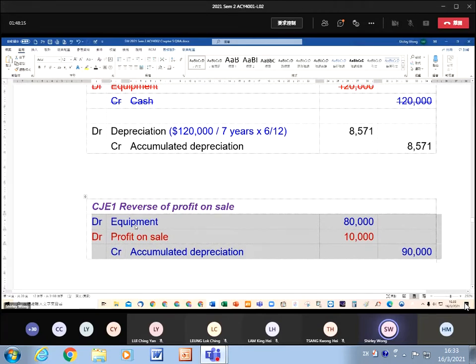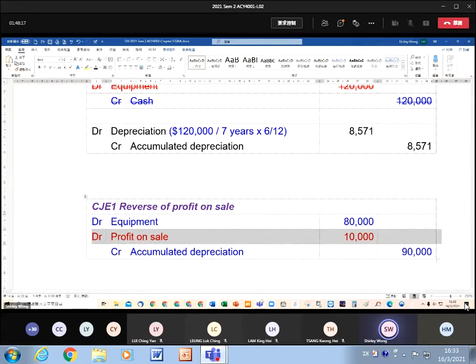Always bear in mind, for profit, credit is for profit usually, so to reverse it you need to debit. Accumulated depreciation, you need to credit. Originally they have removed the accumulated depreciation, now you need to introduce it, so it is credit. And then equipment will be the remaining figure.